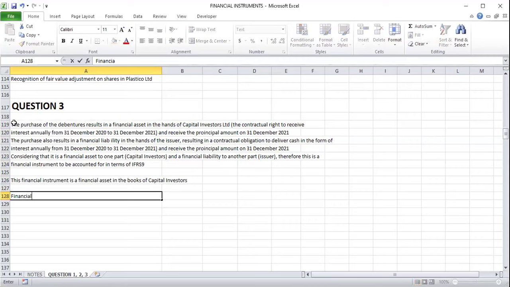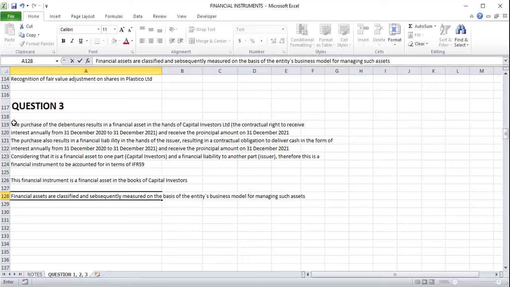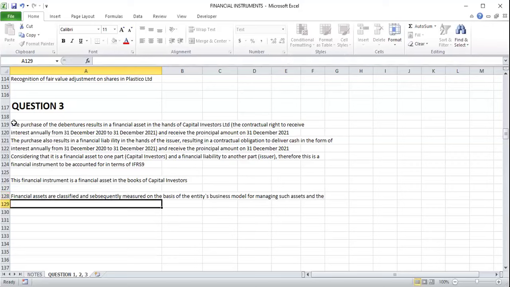So, financial assets are classified and subsequently measured on the basis of the entity's business model for managing such assets and the contractual characteristics of the financial assets.